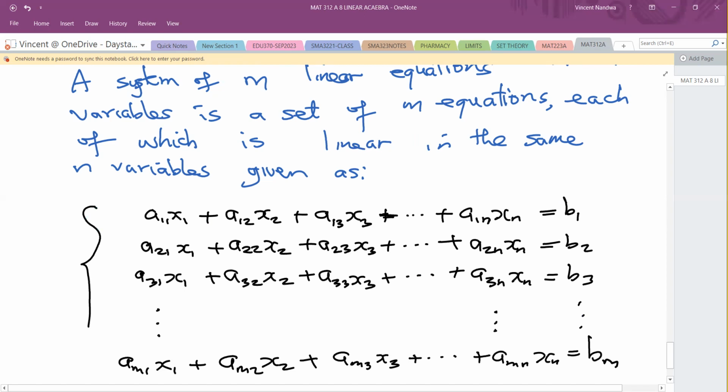So if I may call this star, it is what we call a system of m linear equations in n variables.